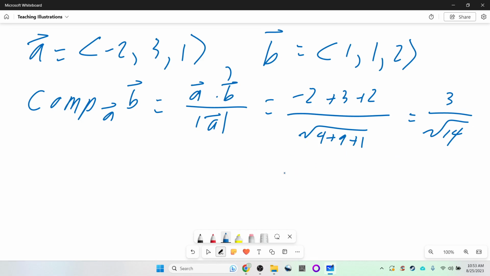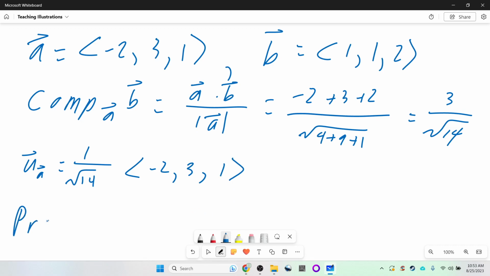So that's the component. Now what about the projection? Well, we need a unit vector in direction of A. So the unit vector in the direction of A would be, well, we said the length of A is root 14. We already did that part. So it would be 1 over root 14, negative 2, 3, and 1.